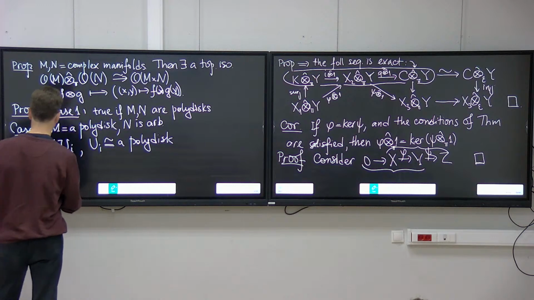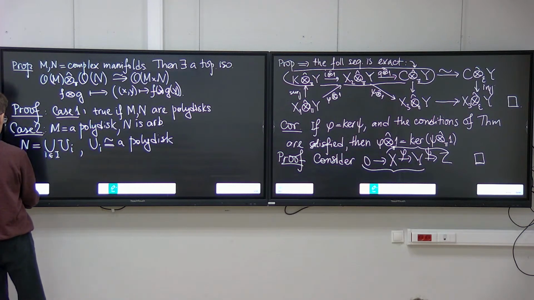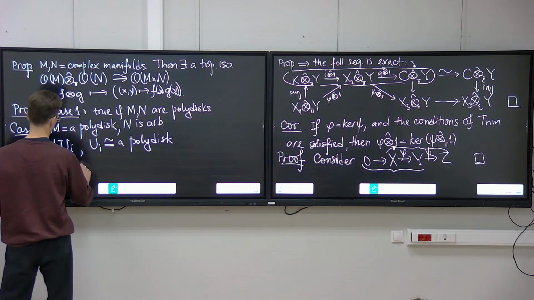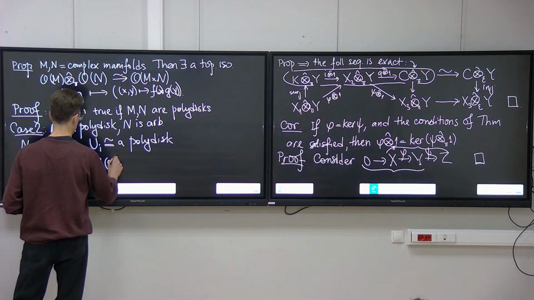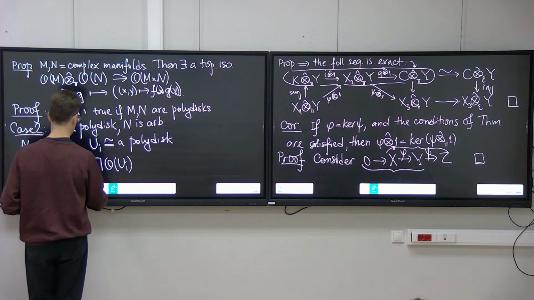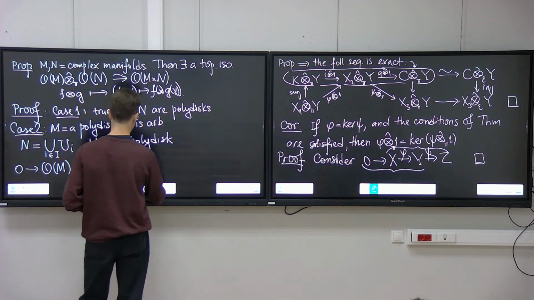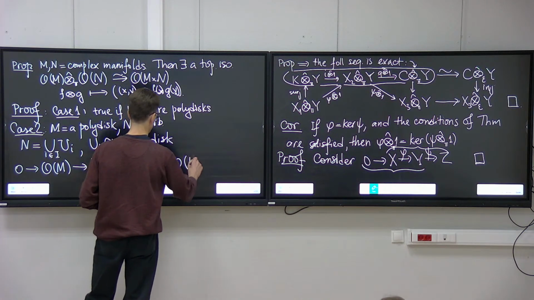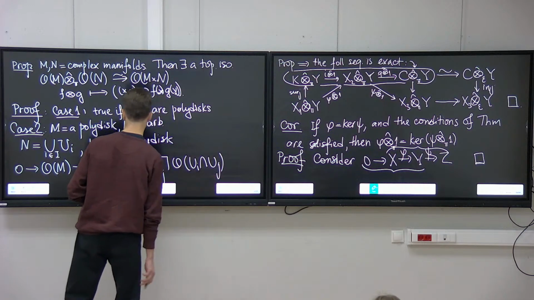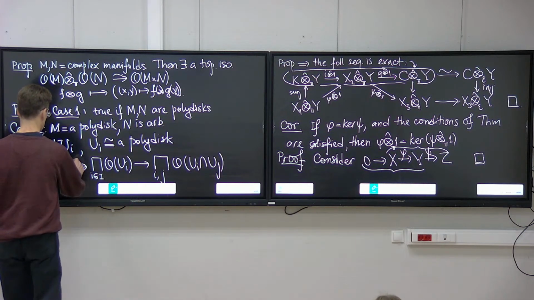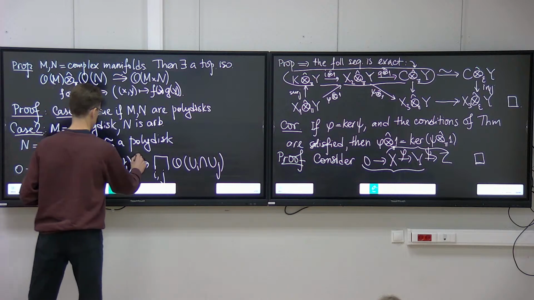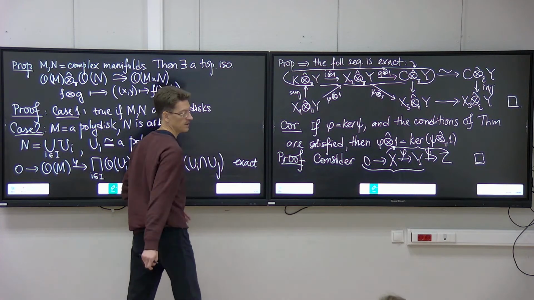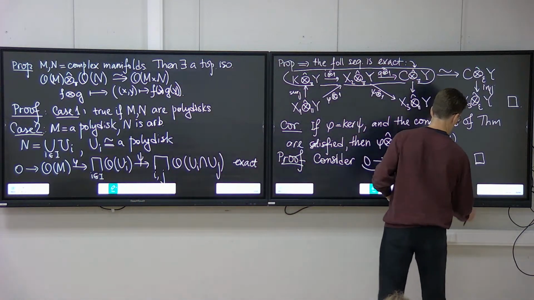Then we have the following standard exact sequence of the following form. So O of N is mapped to the product of O of U_i, and this is mapped to the product over all pairs i and j of spaces of holomorphic functions on the intersections. So phi and psi. This is a standard exact sequence, which is defined as follows.